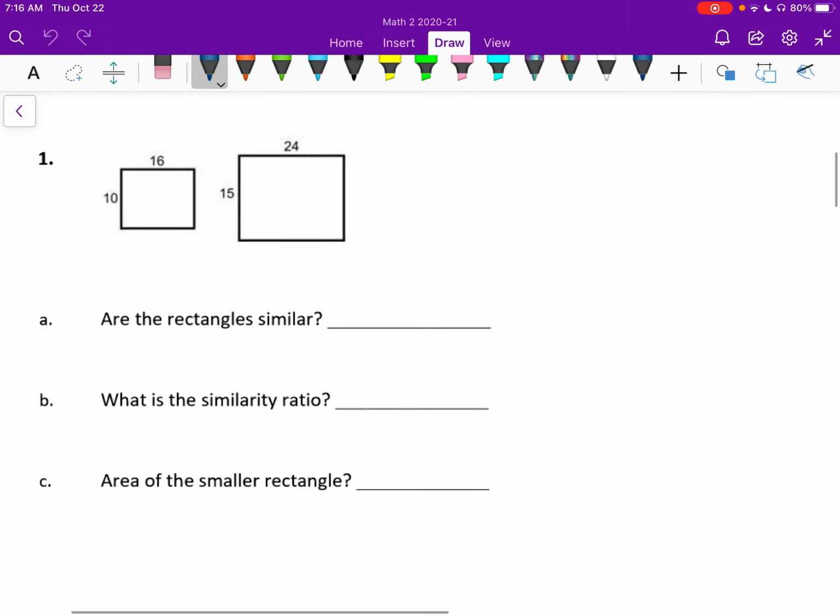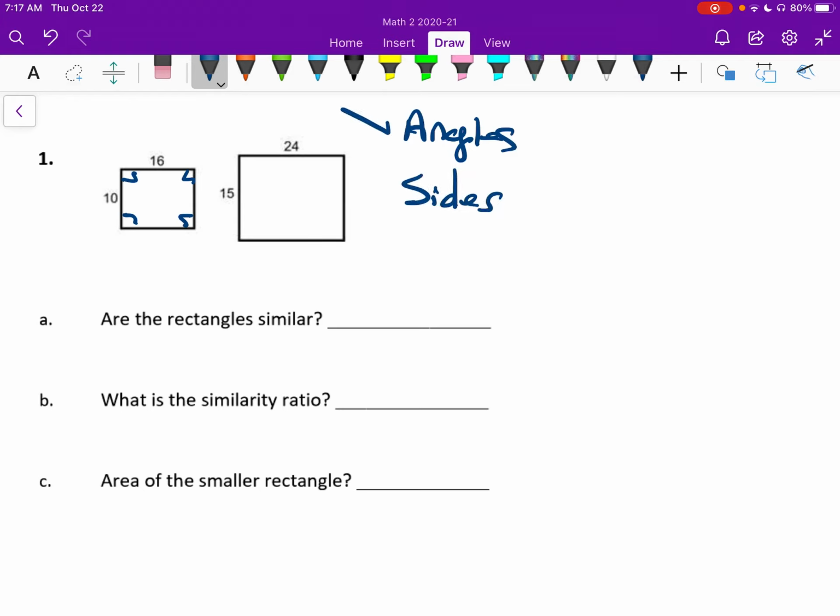So 1A, it says, are the rectangles similar? Because they're rectangles, we know that they have all right angles, which means normally I'd check angles and sides. My angles I'm good on. Now my sides I need to check. Does 10 over 15 equal 16 over 24?